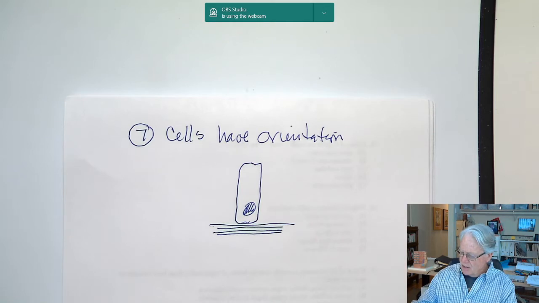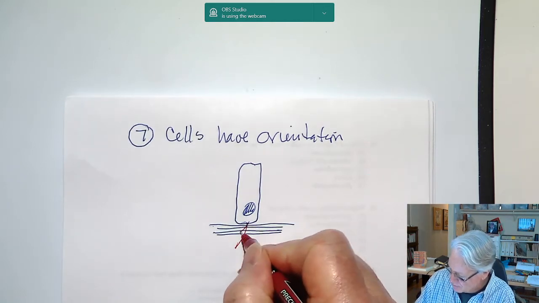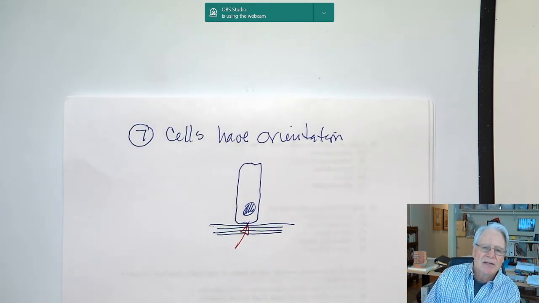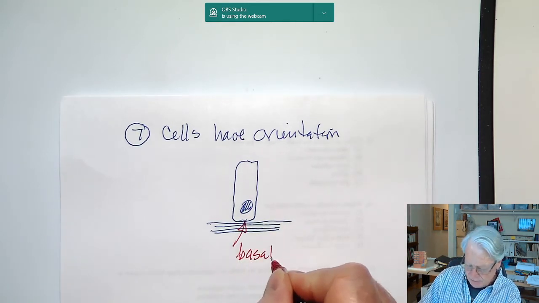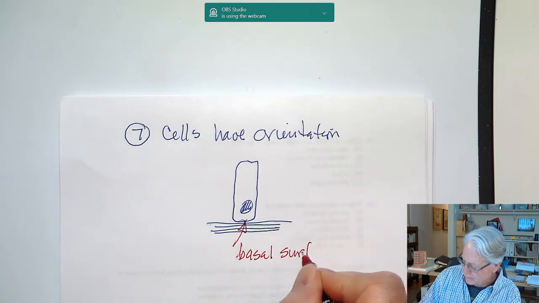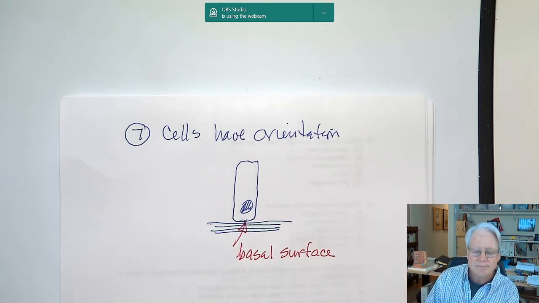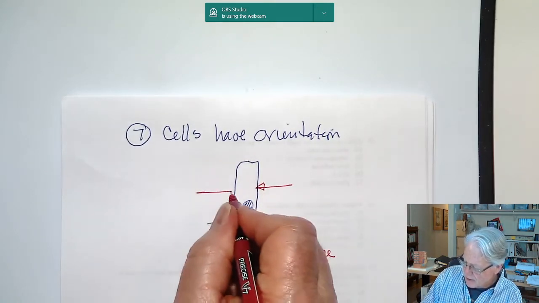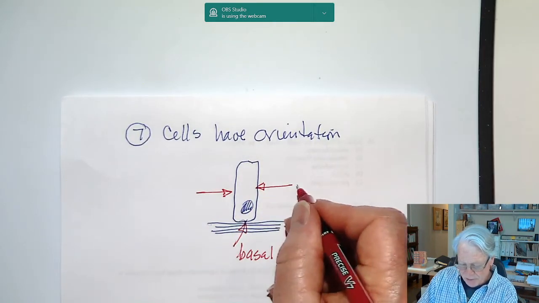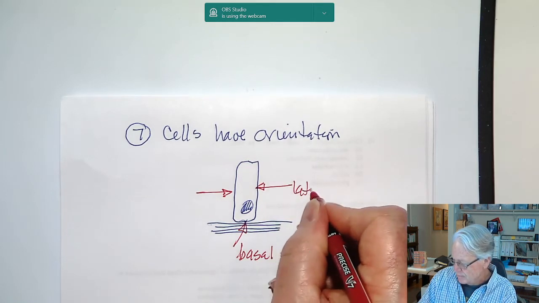The surface that is sitting on the basement membrane is referred to as the basal surface. This surface and that surface are referred to as the lateral surface.